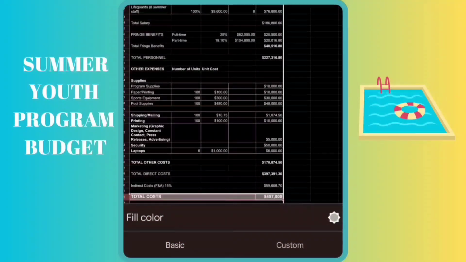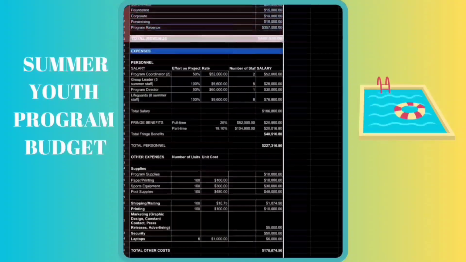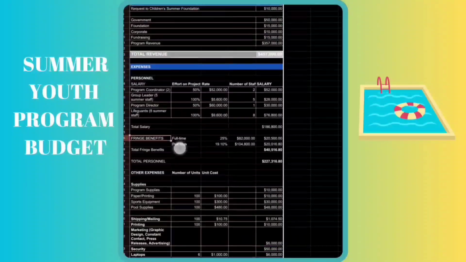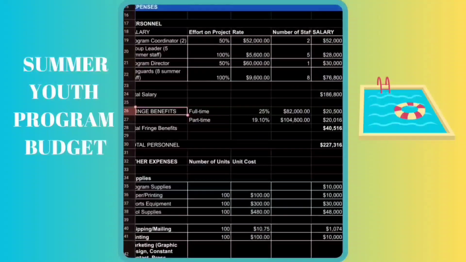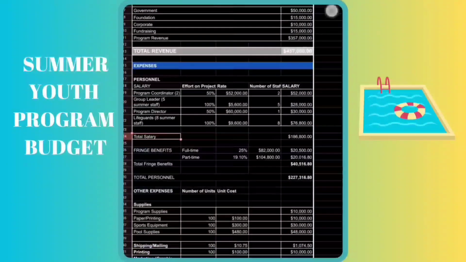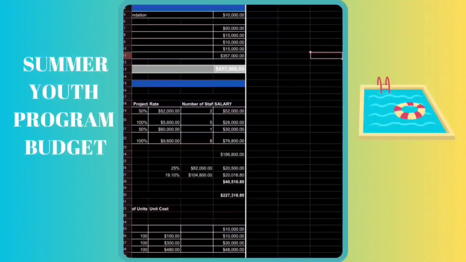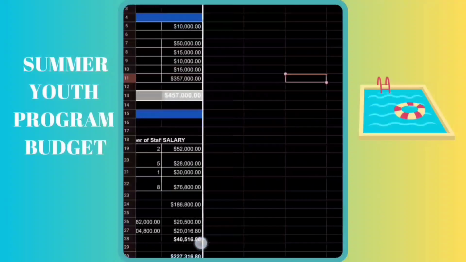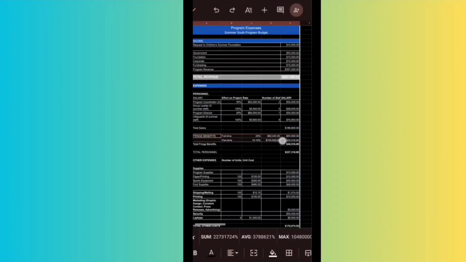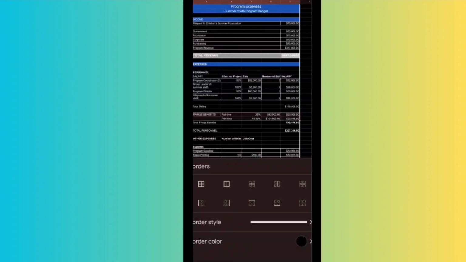We're going to put a square around the salary and around the fringe benefits as well. Now I've zoomed out some so that you can see the full budget and where we are with it. We're almost done. It might be harder to read the numbers, but right now we're just formatting it.